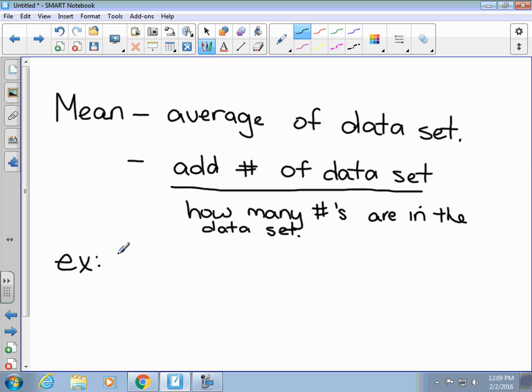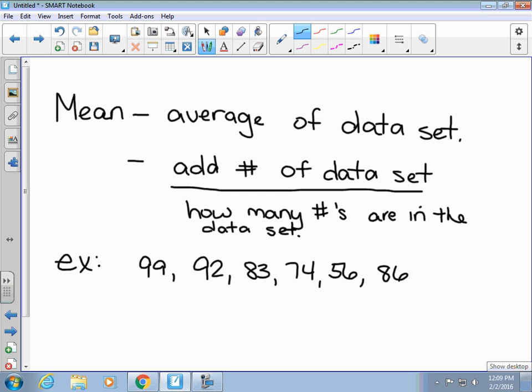Alright, so in my example, we're going to talk about some test grades. Random grades, I have no idea. We're going to say we have a 99, a 92, an 83, a 74, a 56, and an 86. Just some grades.